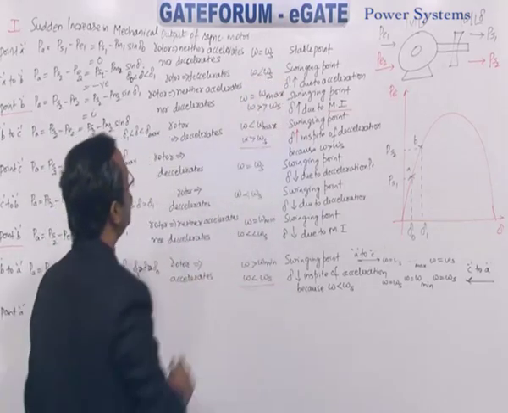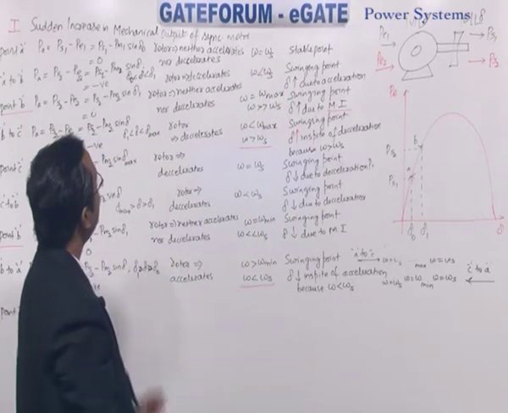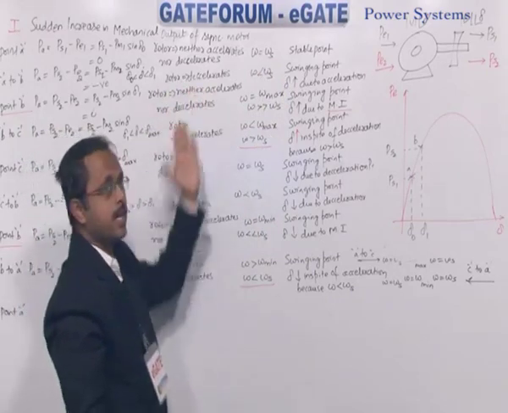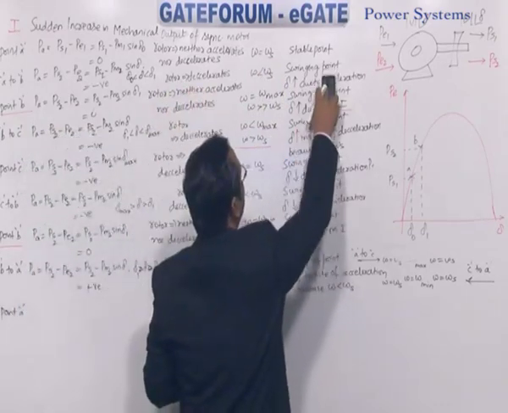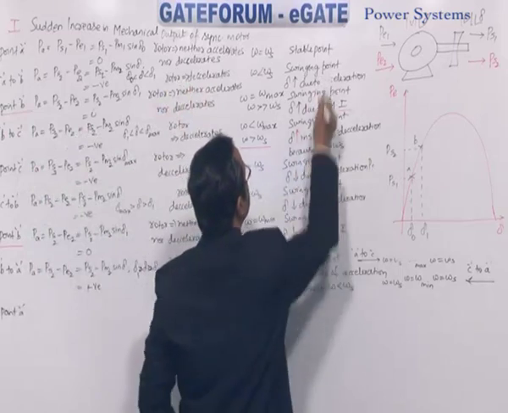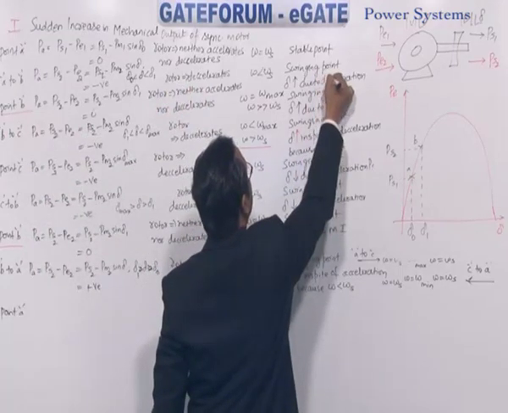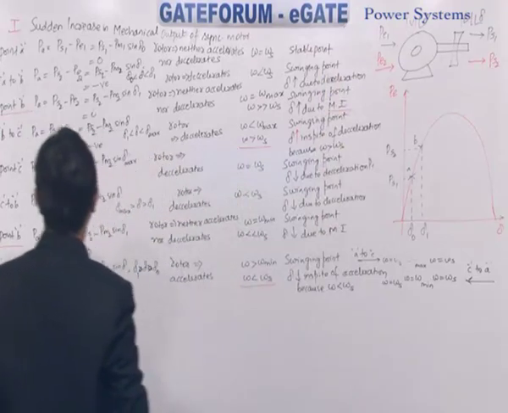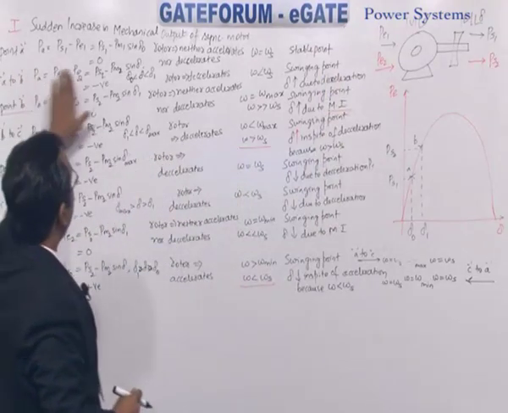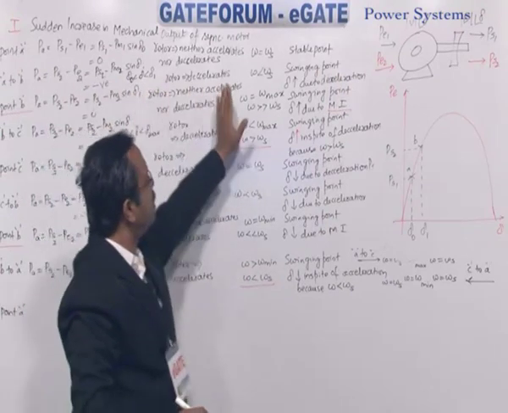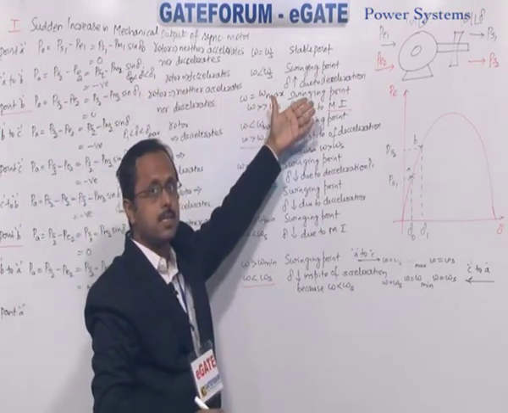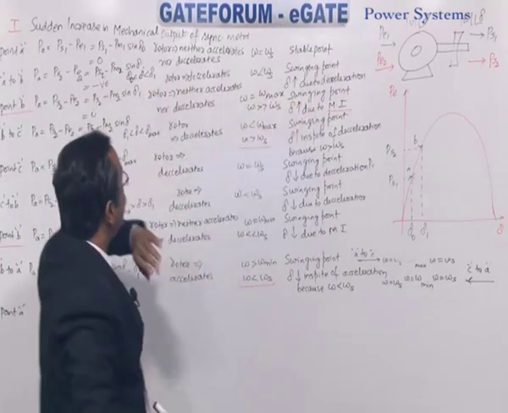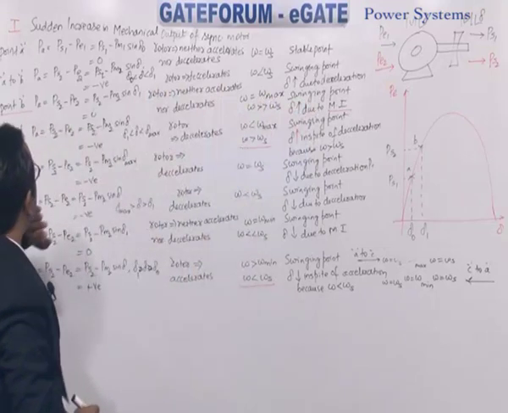Now for a synchronous motor, whenever the rotor decelerates, delta increases. And now you reach the point B.